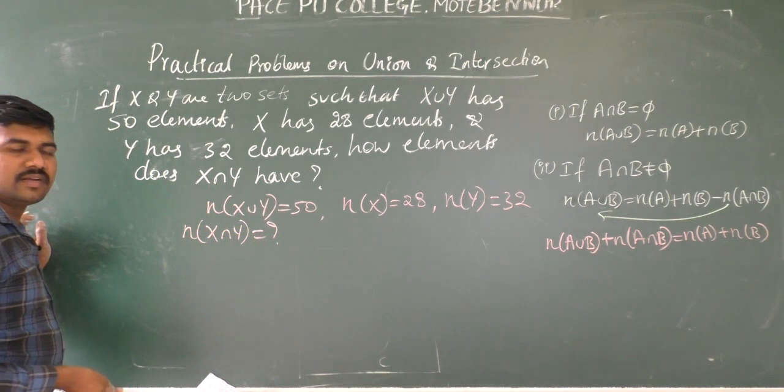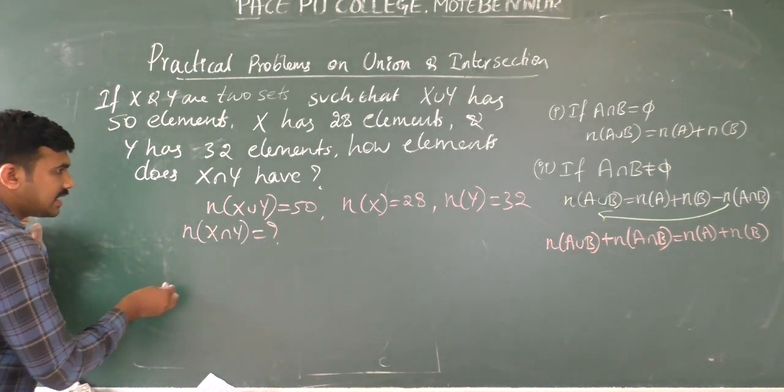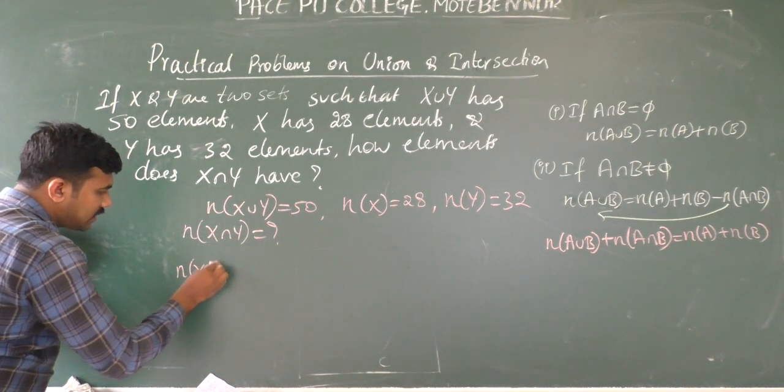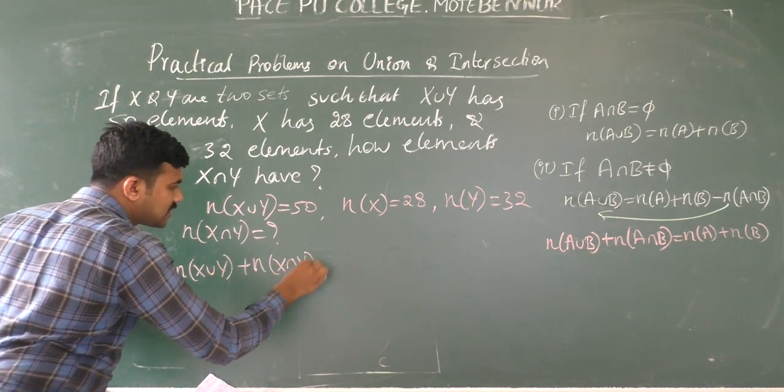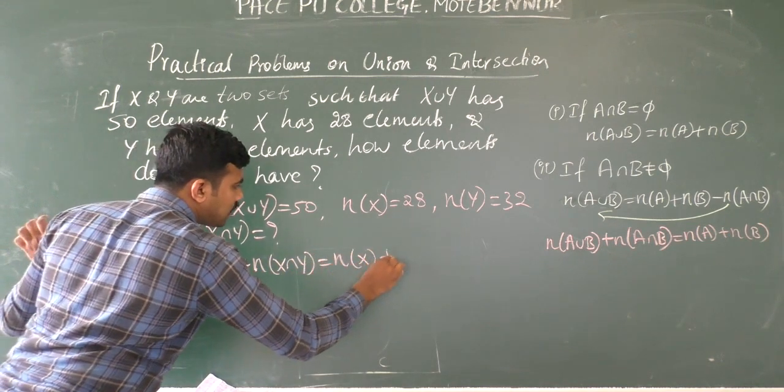For that, use the same formula as the previous one: n of x union y plus n of x intersection y is equal to n of x plus n of y.